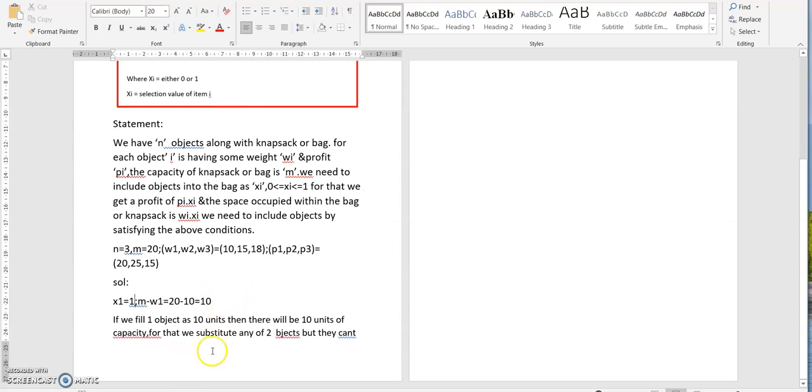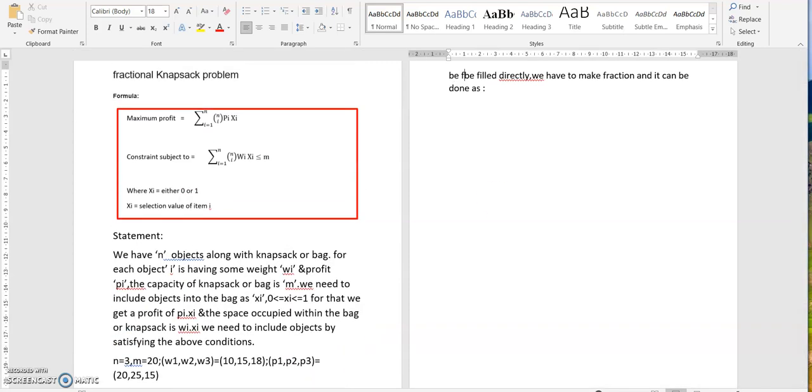For that we substitute either of the two remaining objects, that means either x2 or x3, but they cannot be filled directly. We have to make a fraction of those.